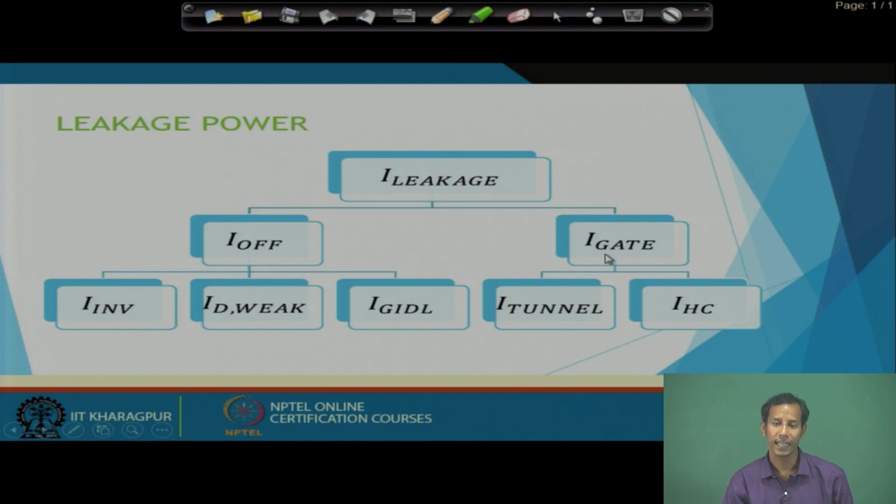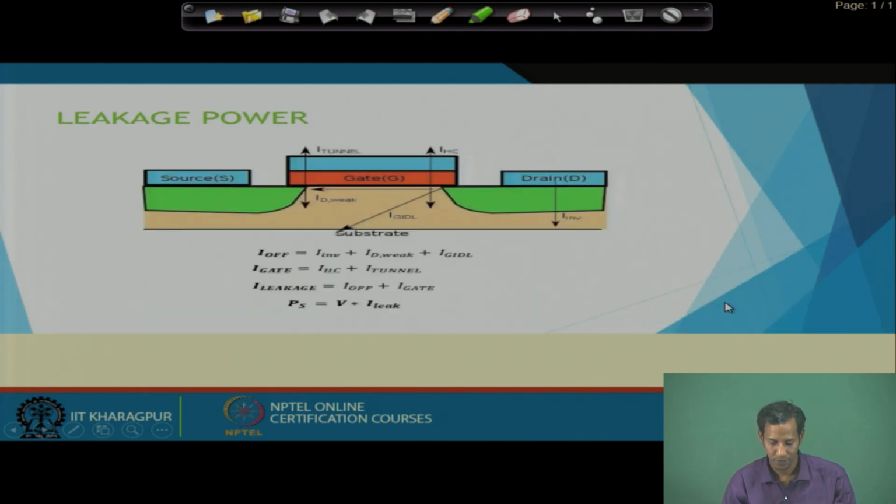The I gate current is the gate tunneling current and the hot carrier injection current. So at the gate level we get I d weak, the subthreshold current, and then at the gate, in this direction, the tunneling is happening.